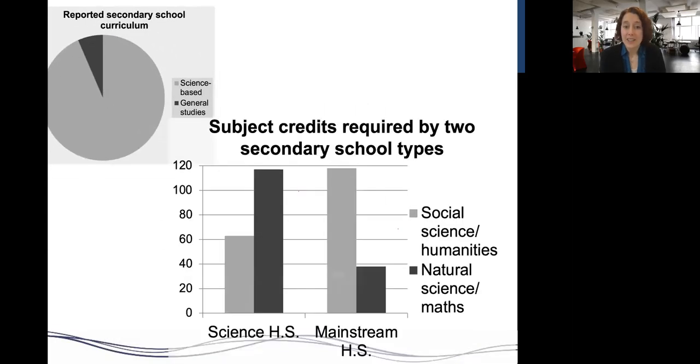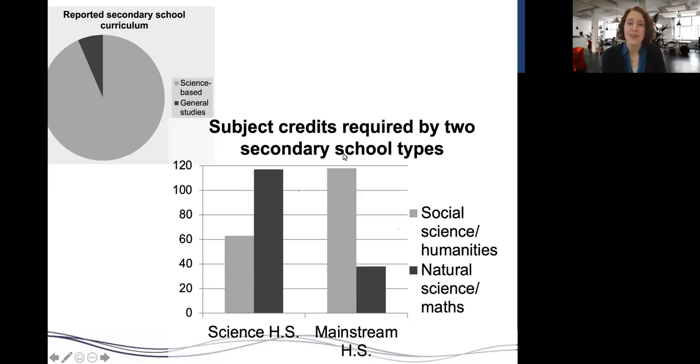So what does that mean? Well, here is an analysis of subject credits required by two types of secondary schools in Korea. One is a science high school, and you can see a number of natural science classes, and to make room for that, there's a decrease in social science and humanities, and that's going to include language classes.